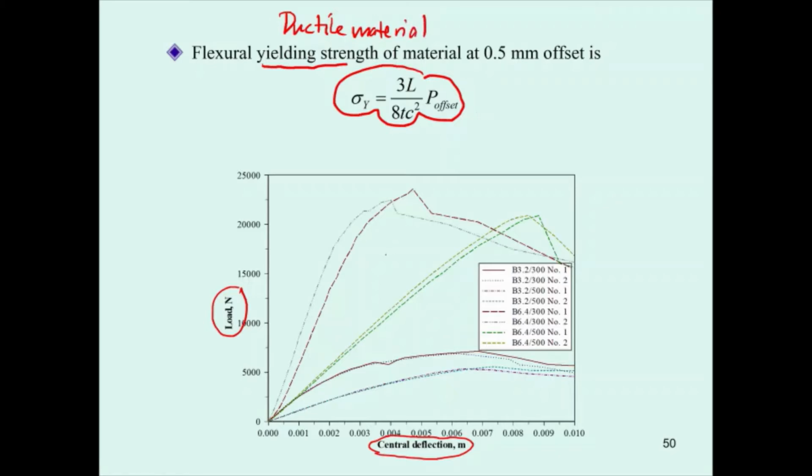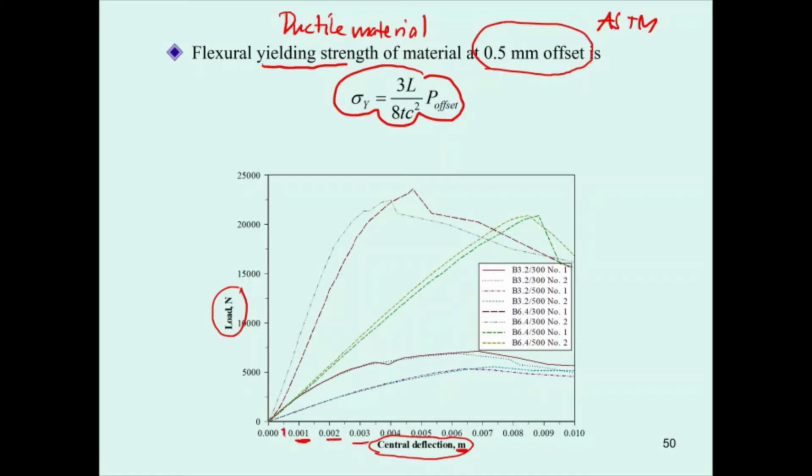This is the graph of the steel. We're going to use the 0.2% offset according to the ASTM. What it means is we're going to determine the 0.5 millimeter offset on this axis.